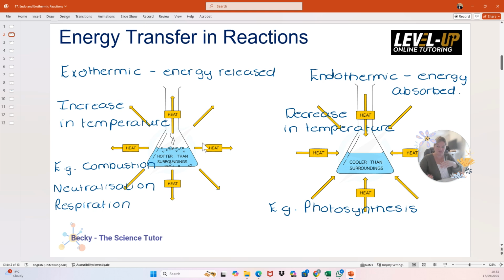It's almost like the reverse, isn't it? Another one that is often used as an example is thermal decomposition. Again, if we break down that word, decomposition, breaking down, and it's thermal decomposition, so we're breaking down using heat.